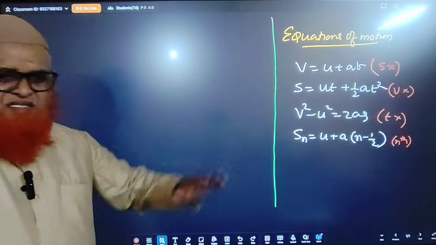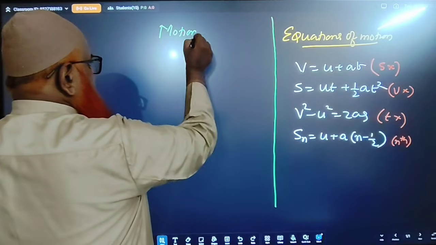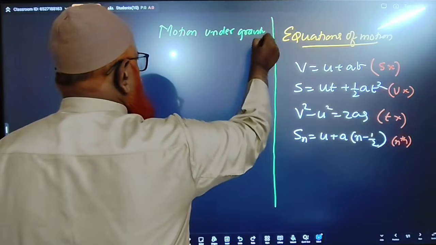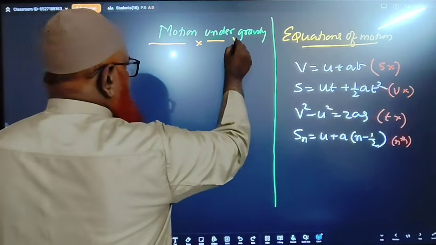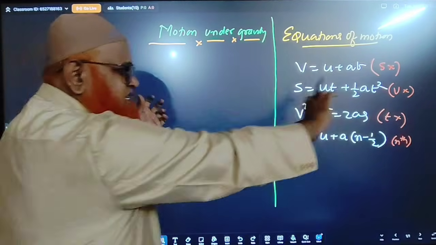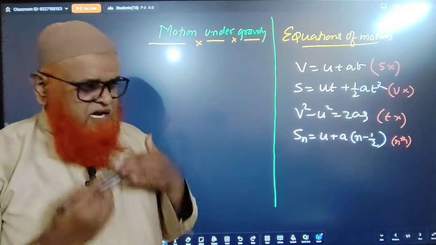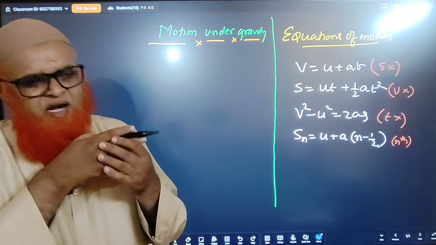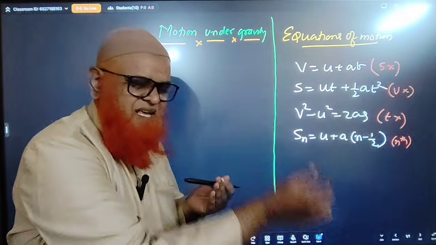Next, see these formulas in the case of motion under gravity. What does motion under gravity mean? The formulas so far are used in horizontal motions. Horizontal means a car moving on a road, a lorry moving on a road, a bullet hitting a tree and stopping after traveling a certain distance in the tree.